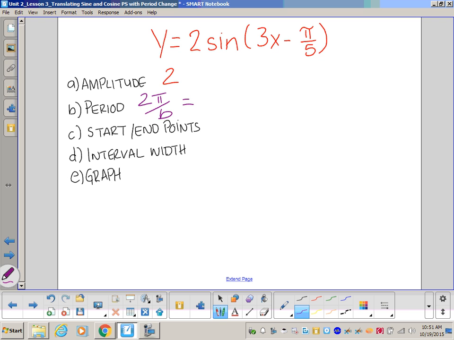Period's 2 pi over b, and b this time is 3, the number in front of x. So we'll complete one curve from 2 pi over 3, distance. Minus 2 pi over 5.